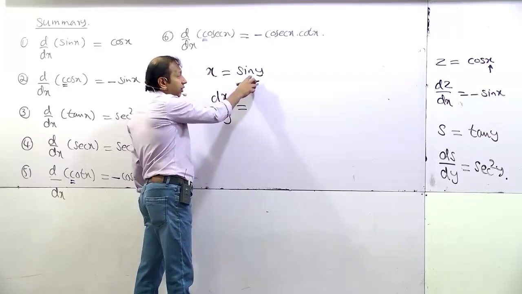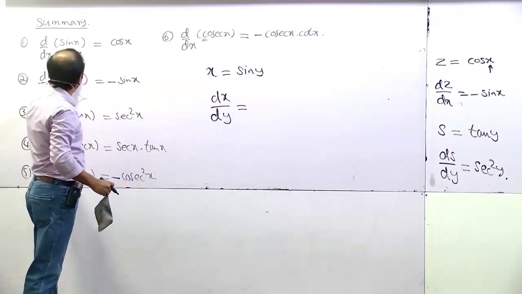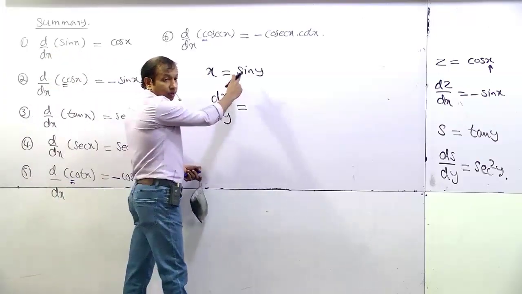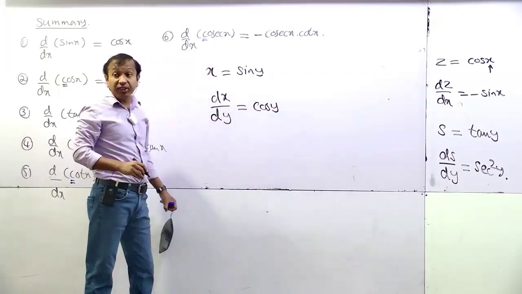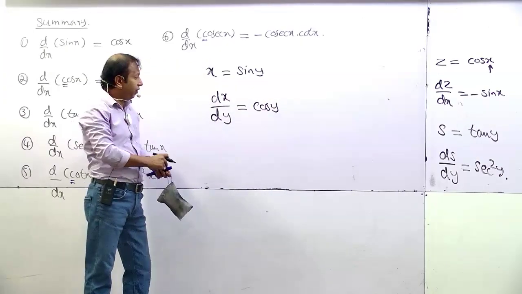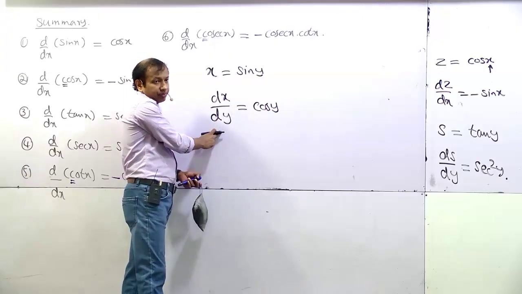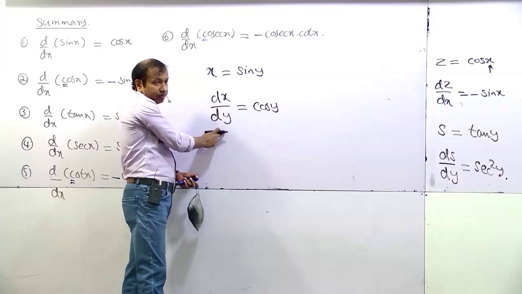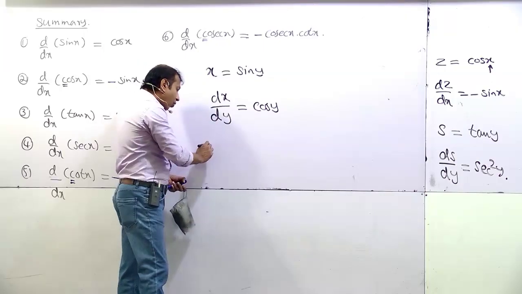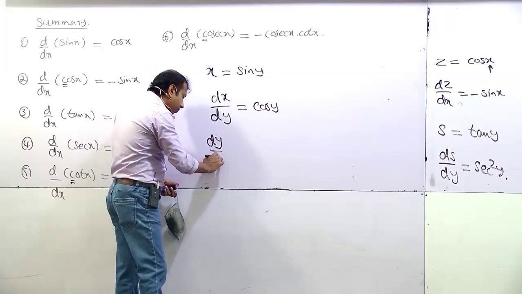Tell me, what is the derivative of sin? Sin derivative is cos. We get cos y, right? Now we are asked to find dy over dx. Now here we have dx over dy. How do you read this one? Derivative of x with respect to y. That's how we read this. But now we are asked to find dy over dx.